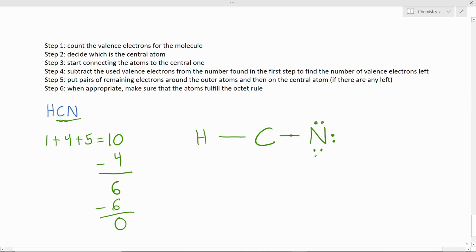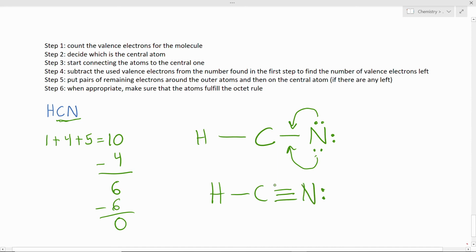For carbon here, we have 4 valence electrons in it, and we know that that is wrong because it needs 8. So what we do, like in the other example, is that we take these lone pairs and place them here until carbon has its octet filled. Now by placing 4 more electrons here, then we know that carbon will finally be happy.